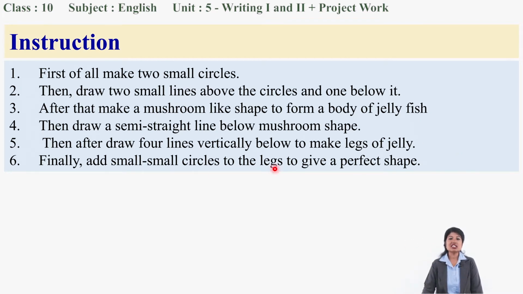Vertically you can see legs of jelly. Sixth, finally, add small circles to the legs to give a perfect shape. So it completes jellyfish. How does it complete? Adding small circles to its legs. You'll come to know it as we are going to draw it on the board.